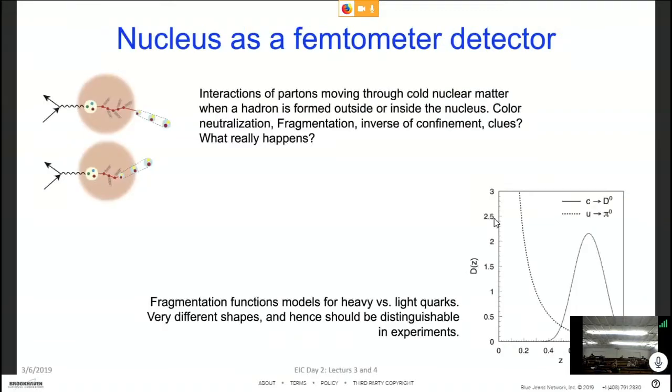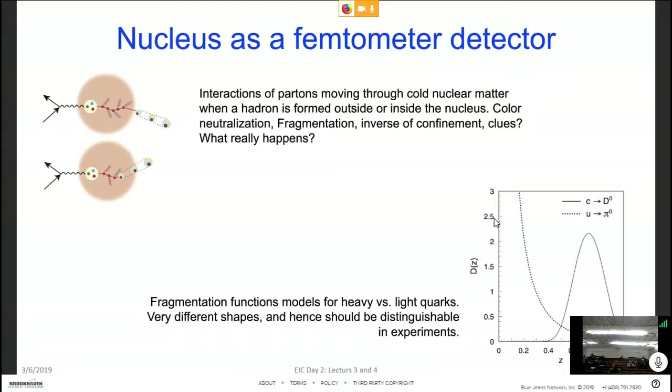The second thing that is of curiosity, and I mentioned it to you before in my lecture, and I saw in some of the slides that Stan Brodsky has shown, there are very, very interesting questions about how color behaves inside the nuclei.